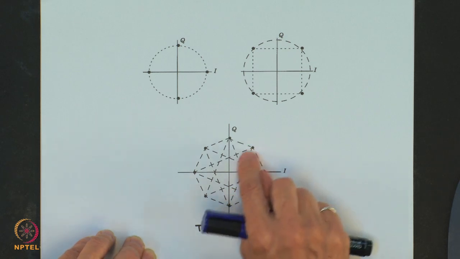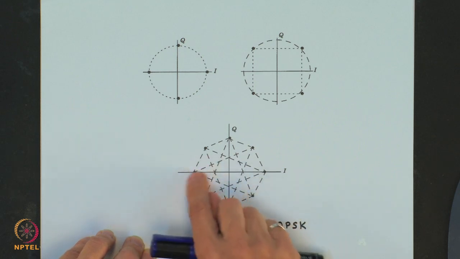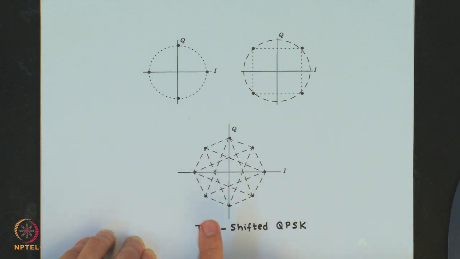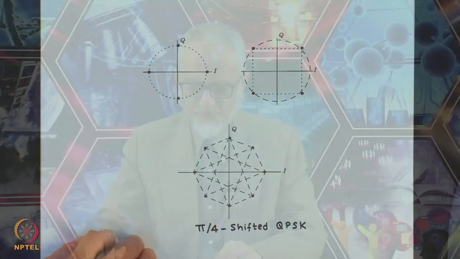But since it is not going through 0, 180 degrees phase shift is avoided. So, we can say that pi by 4 shifted QPSK is in between QPSK and offset QPSK systems. Now, with this we complete our study of the QPSK system.